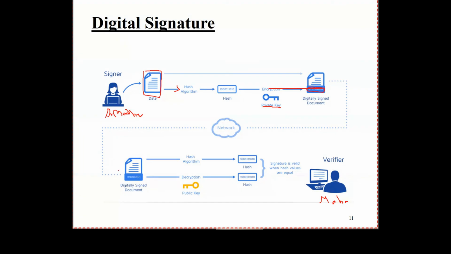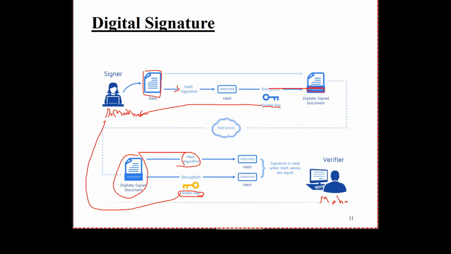the internet. When it's received by Maha, let's say, she will receive this digitally signed message. She will calculate the hash value and decrypt the message using the public key. The message here was encrypted by my private key, and this uses the corresponding public key.